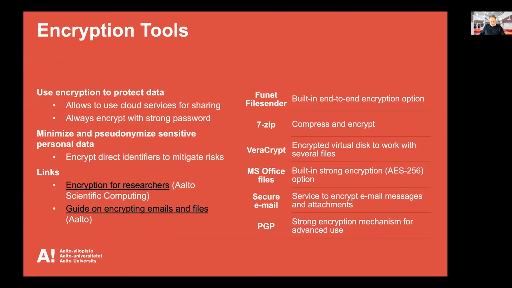Unlike the other tools, it makes it possible to save directly to the encrypted disk without storing the files anywhere else in unencrypted form first. And also Microsoft Office nowadays has strong encryption for its files, so it's a very convenient way for those. And last but not least, we have PGP, which provides strong encryption, but is more advanced to use. And we also have secure email for secure email messages and attachments.